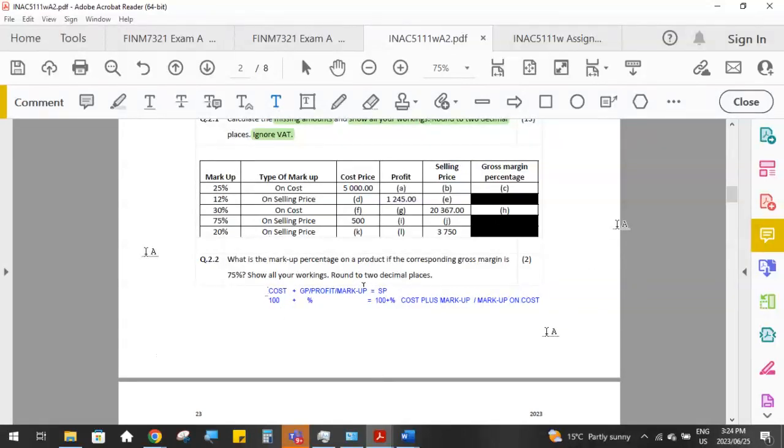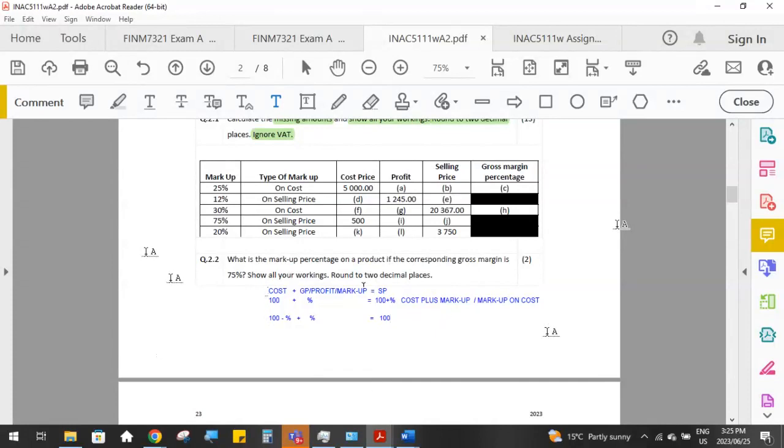Then if they say the markup is on the selling price, if they say the markup was 20% on selling price, then your cost is going to be 100 minus whatever that percentage is that they've given you, and then your selling price is going to be your base of 100.